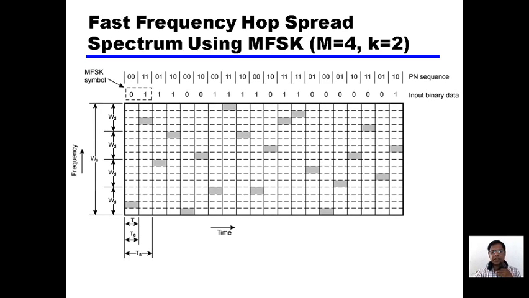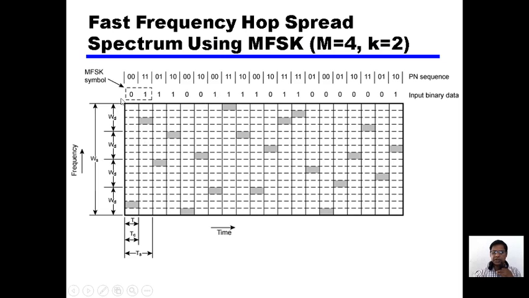And this is about the fast frequency hop signal. Just now we have seen the slow frequency hop spread, and this is the fast frequency hop spread. Here the same diagram, only the title changes, but the remaining is the same. The highlighting means it is recording different slots, different signals.